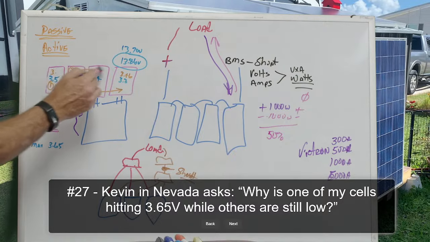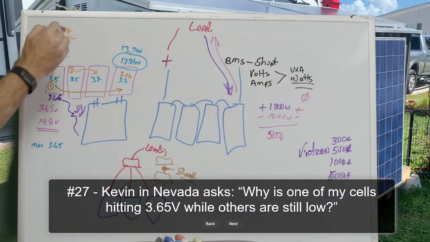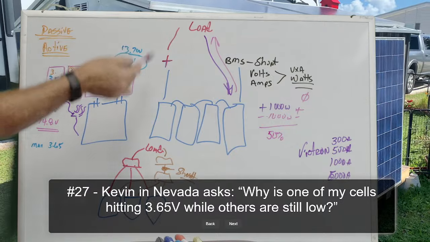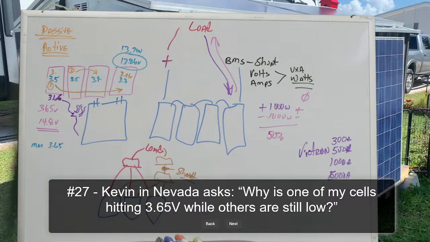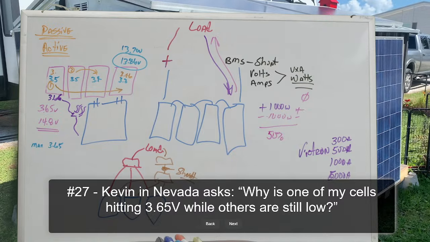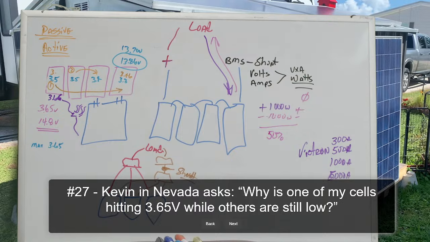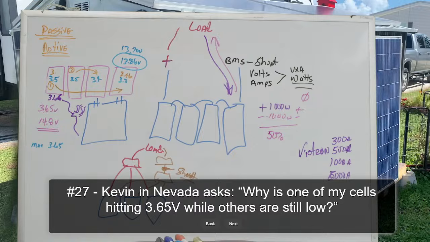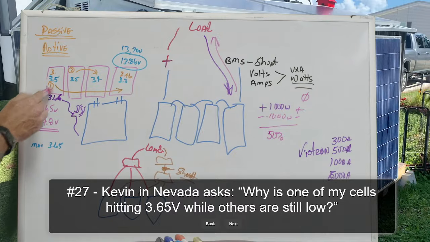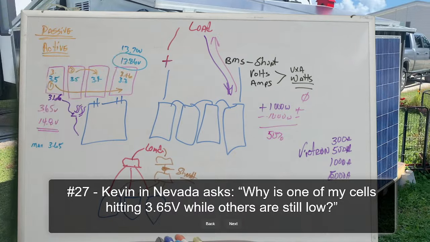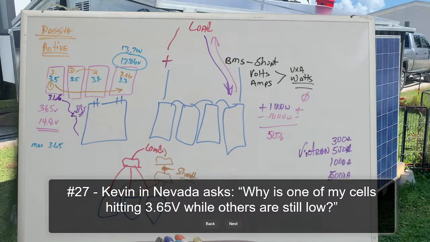So most active and passive balancers activate when cells hit 3.4 volts. So what you need to do is set the charge voltage low enough that this cell never reaches 3.65, but yet the battery is still in a balancing mode.